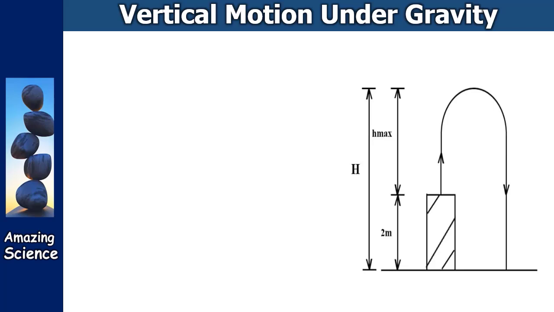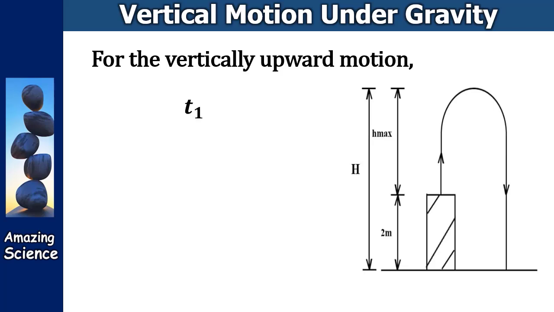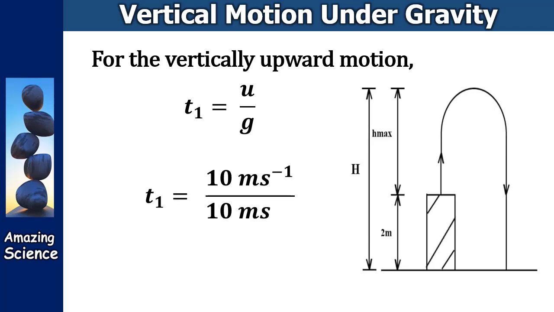So for the vertically upward movement, we know that T1 will be equal to u over g, and this gives us T1 equal to 10 meters per second divided by 10 meters per second squared, and T1 is 1 second. So it takes the body 1 second to move from that height to the maximum height.